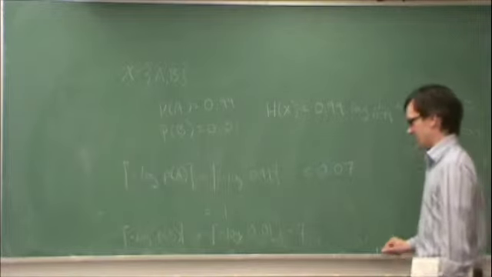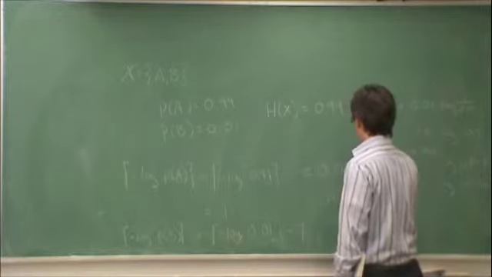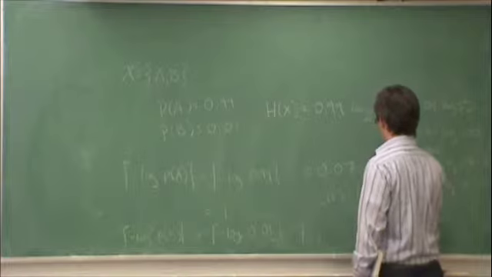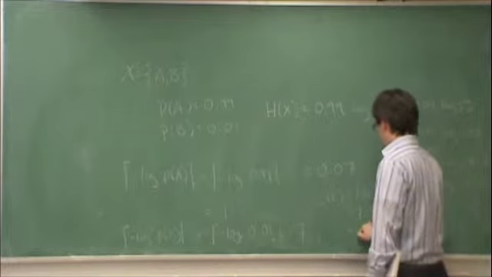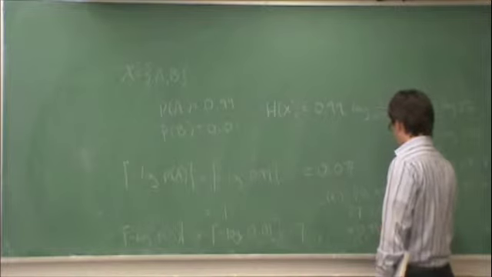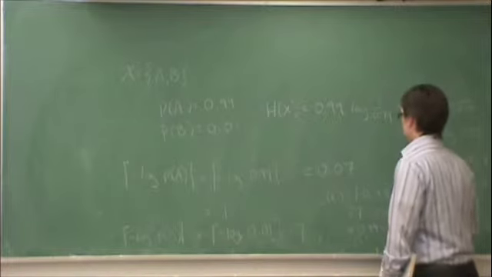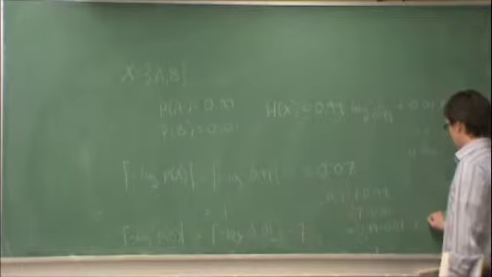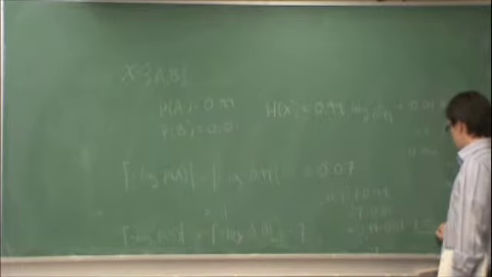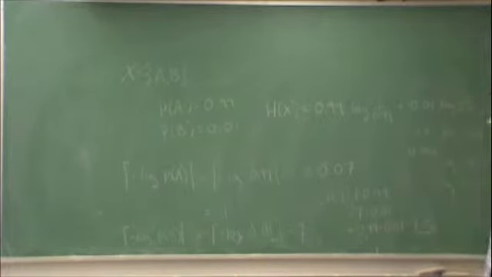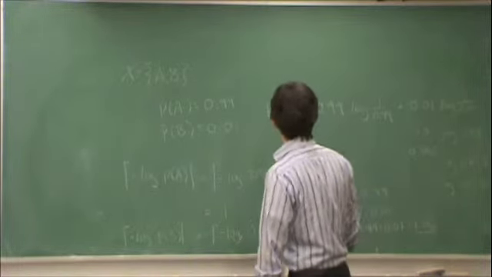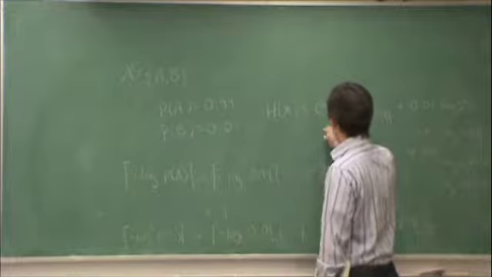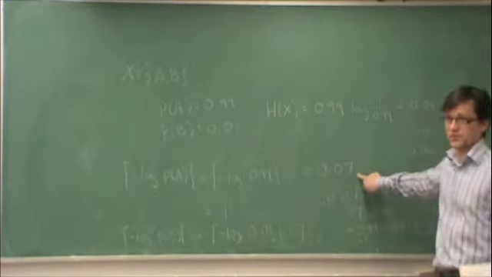So my average length of this code would be 1 times 0.99 plus 7 times 0.01, which is 0.99 plus 0.07, which is equal to 1.06, which is pretty far from what I estimated the entropy to be, approximately 0.07.